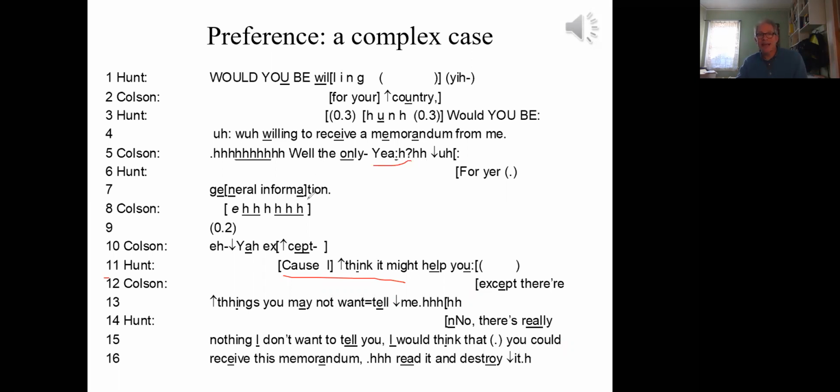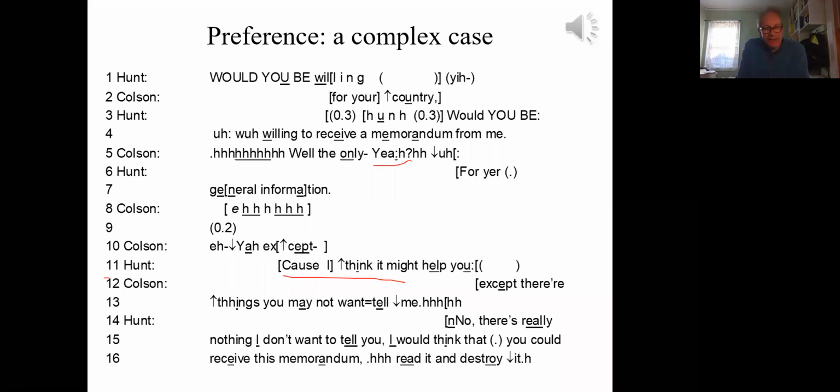They hear this as a tentative, hedged, dispreferred packaging of the response. So this is why we want to say that it's not just our analysis, but the analysis of the participants, how they're analyzing one another's talk.